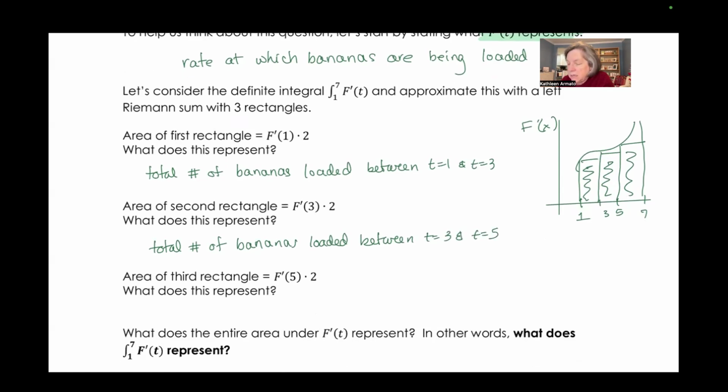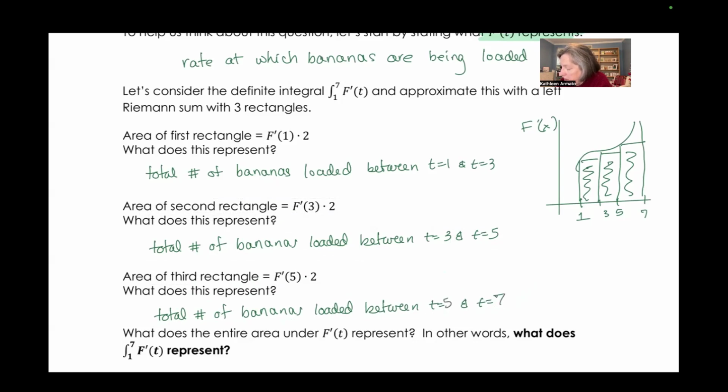All right, and the third rectangle, basically the same thing, right? It's the rate at which they're being loaded at time 5. And I'm going to cheat a little bit here. Duplicate, put it there. Just change my times from 5 to 7.